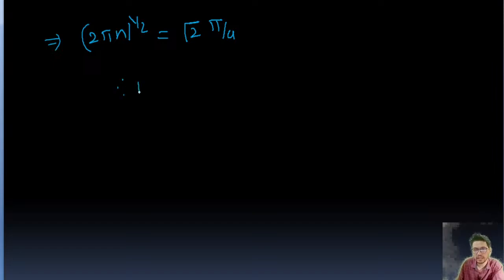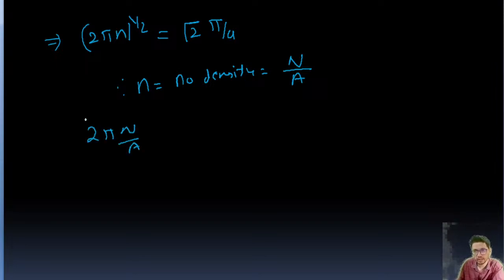Now n is the number density, and that is equal to N upon a, right? This we know. So in the case of 2D, 2 pi n upon a is going to be root 2 pi upon a.